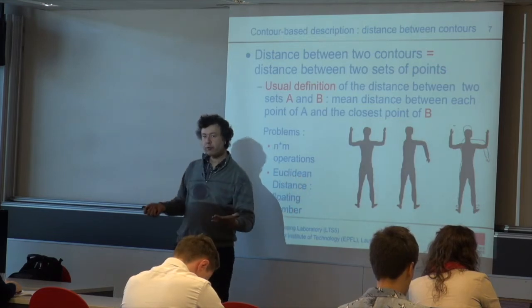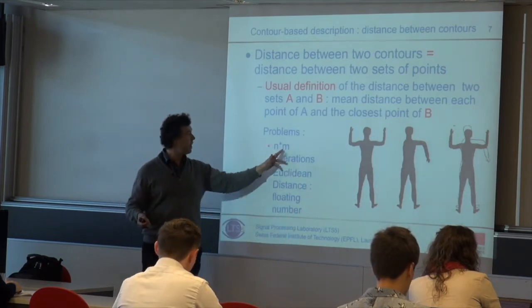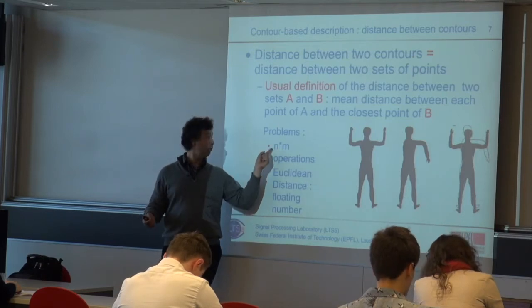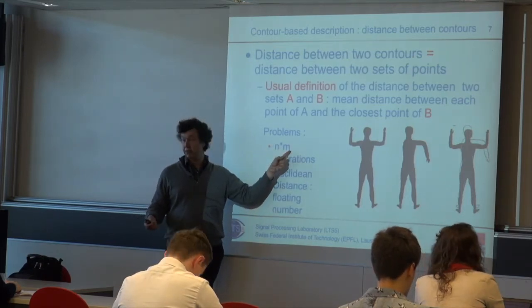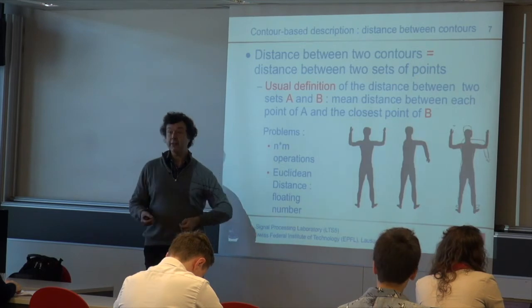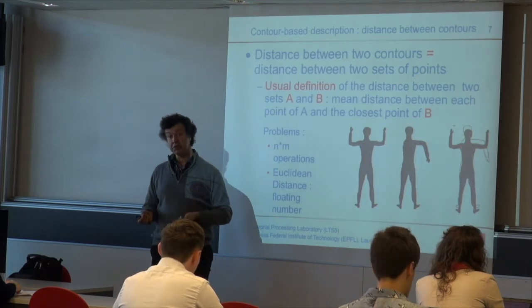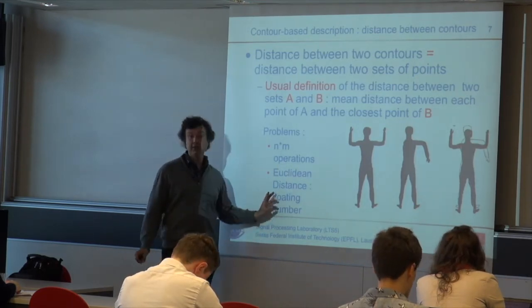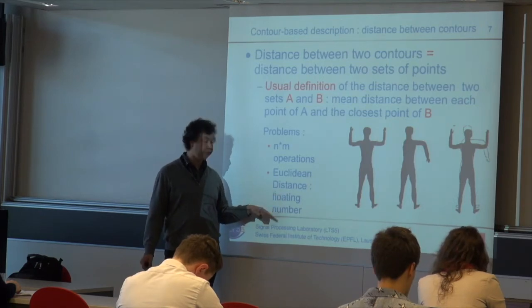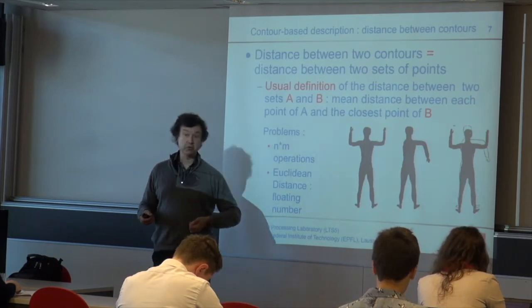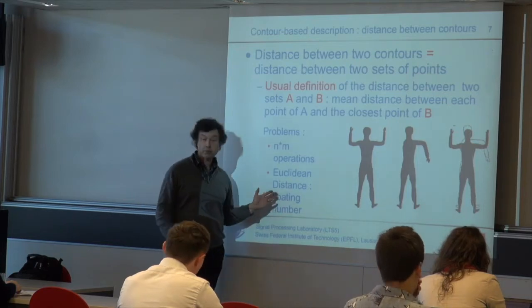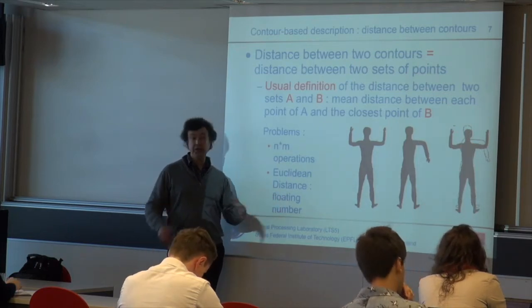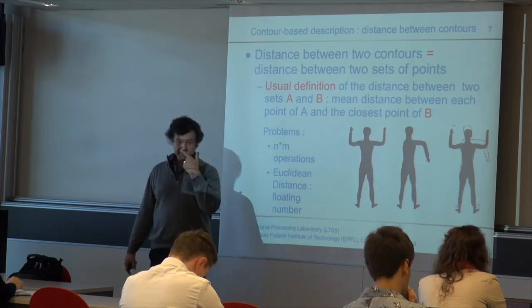So if you do it brute forcefully, you would need m times n. m is the number of points in the first object, n is the number of points in the other. You will have to do m times n operations each time you want to evaluate the distance. Plus, those distances are actually floating numbers, and actually you don't really need that, but if you want to be precise, floating is what you need, and it might take some time, some places in memory.